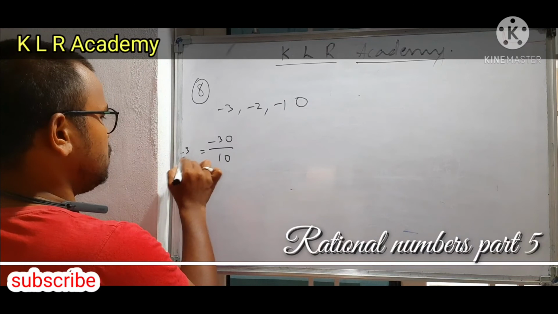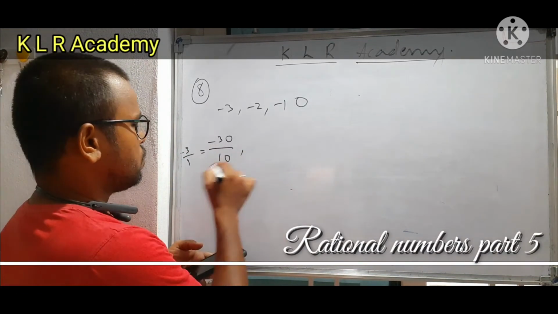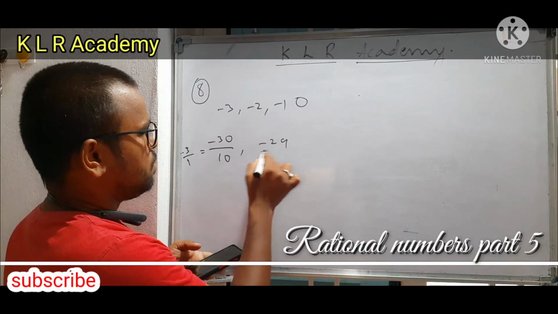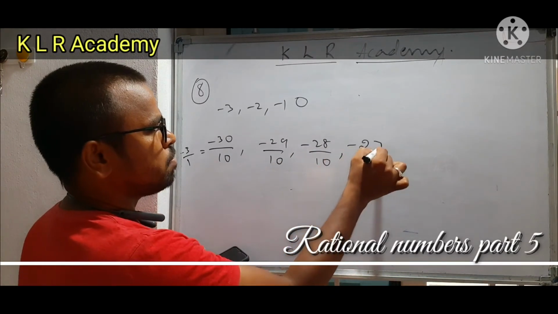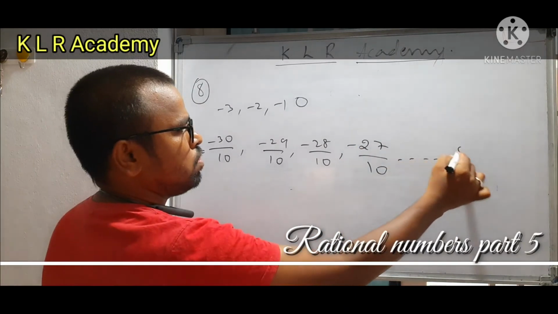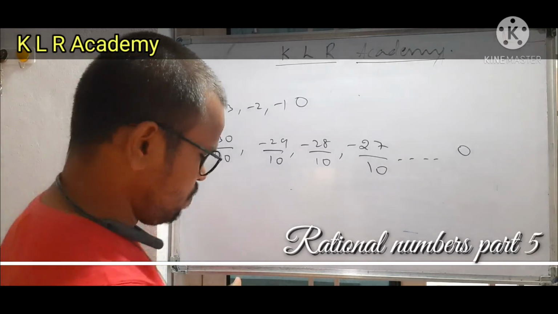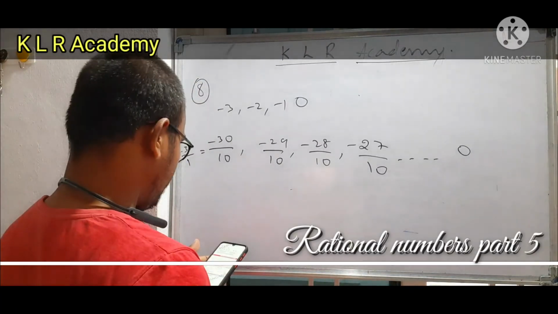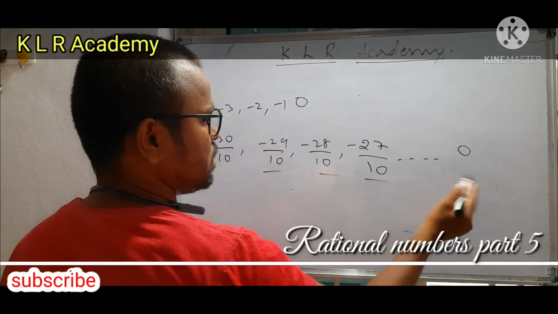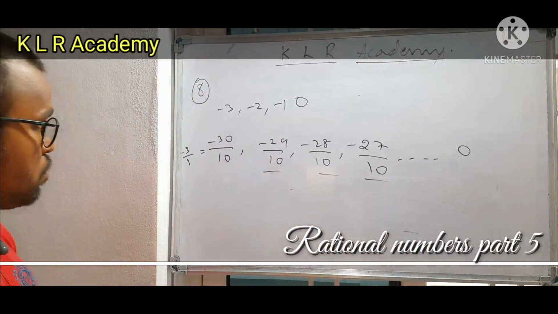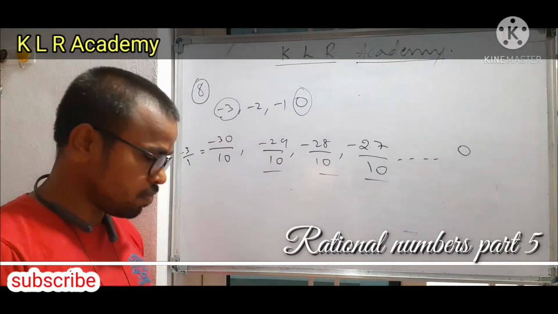That will be -3 by 1. So equivalent fraction concept we are going to use. So next, -29 by 10, -28 by 10, -27 by 10, and so on, till 0. So how many rational numbers do you want? 5. But we can write many more. So out of these numbers, you can say any 5 of them. So those are between -3 and 0.